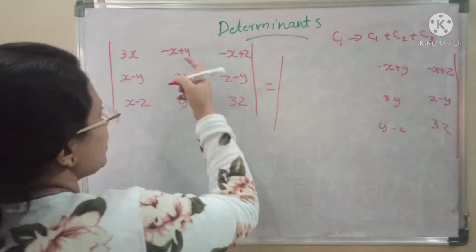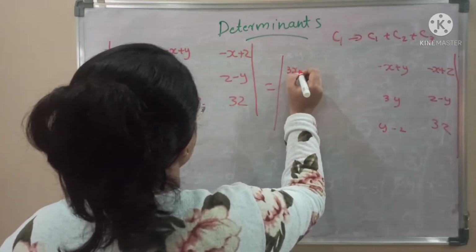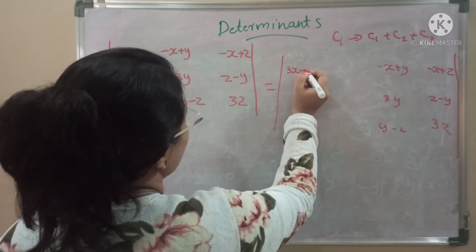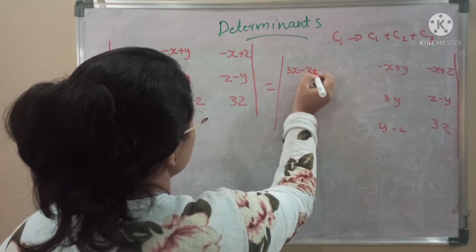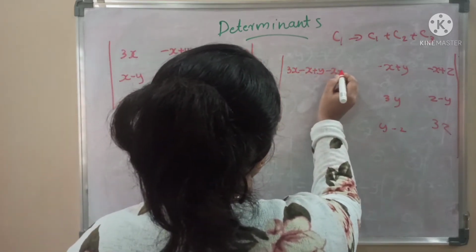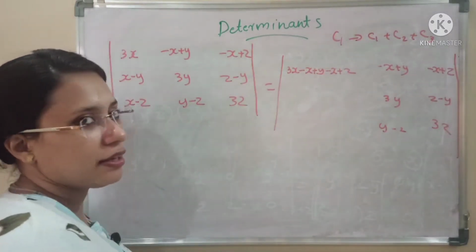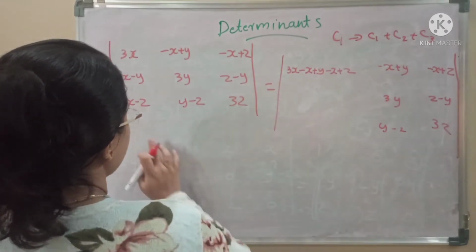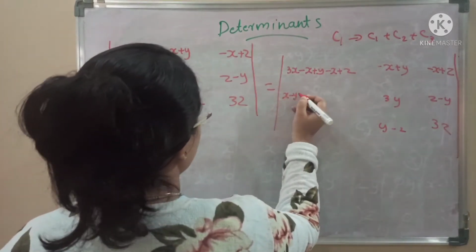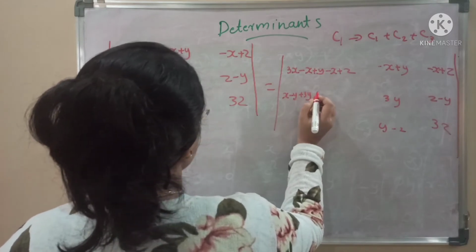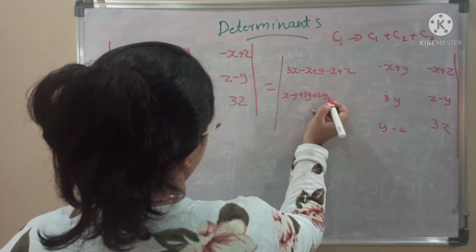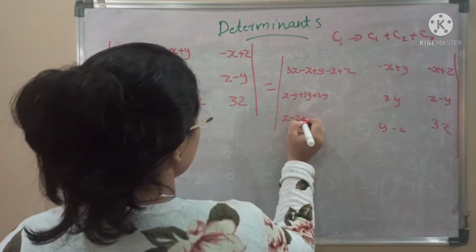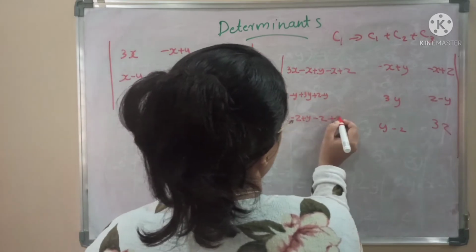Okay, so 3x plus minus x plus y, right? So minus x plus y, again minus x plus z. Even if we put plus here, plus minus, then again it will be negative, right? So here x minus y plus 3y plus z minus y. Okay, so here x minus z plus y minus z plus 3z.